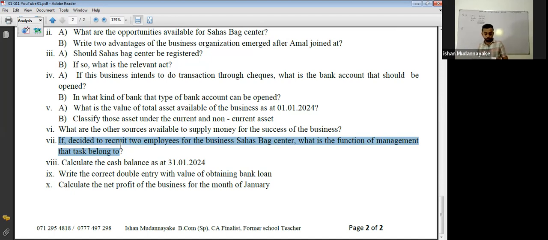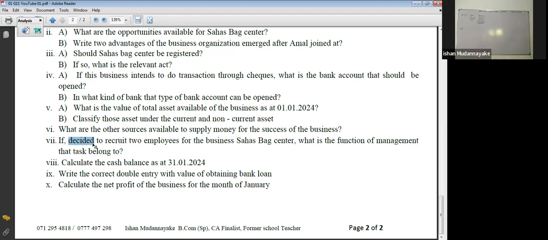So it is better to categorize that under planning. Decided means it is a plan. Okay, then plan.